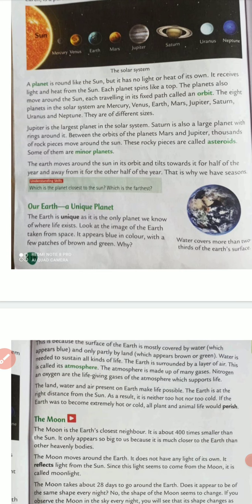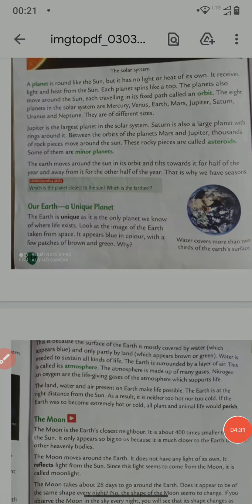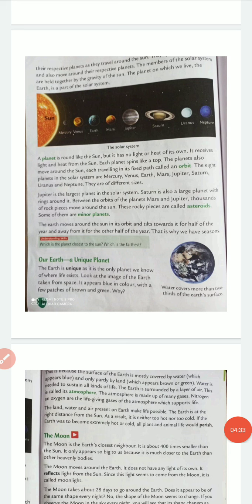Alright. Now our Earth. So children, we learnt about the Sun and 8 planets. We learned that Saturn has rings and all the planets are rotating on their own axis, and also revolving around the Sun.